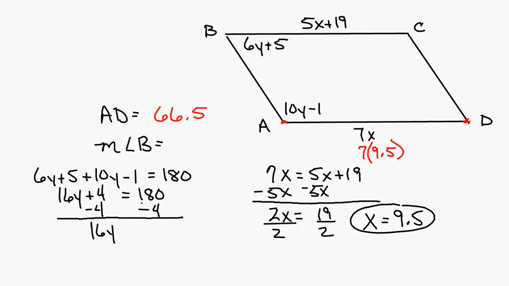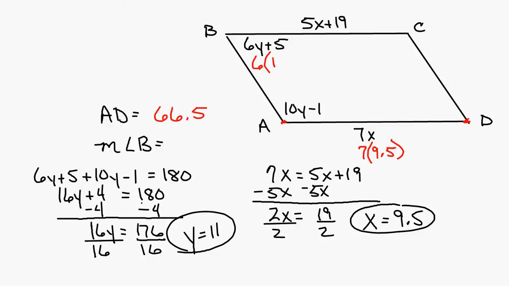So 16y equals 176, and divide each side by 16. So in this case, y is equal to 11. And if you need to find the measure of angle B, you could take 6 times 11 and add 5 to it. So that's 66 plus 5, 71 degrees. Fair enough?